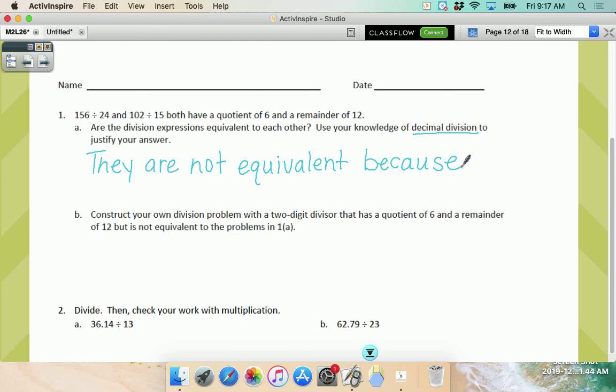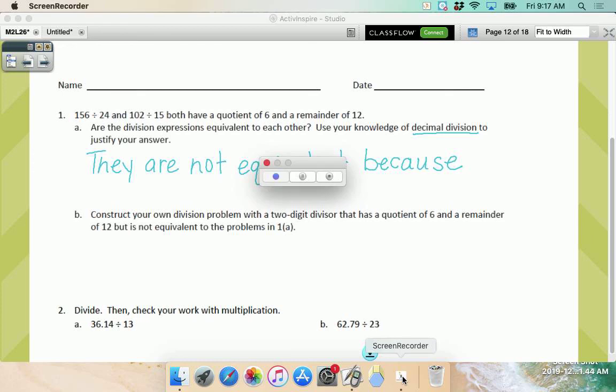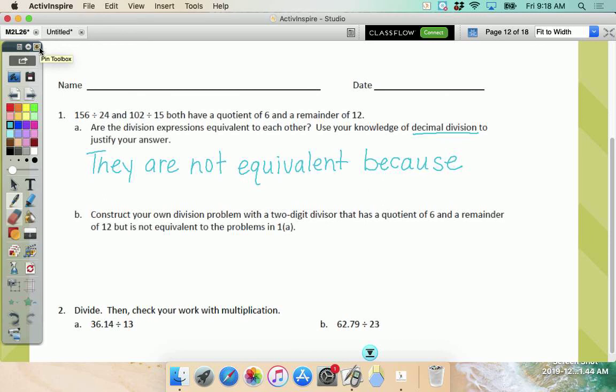Talk about it with your table group. Table 1, what did you talk about? Well, we think they're not equivalent because not really any division problem can be the same quotient, and 6/8 is larger than 6.